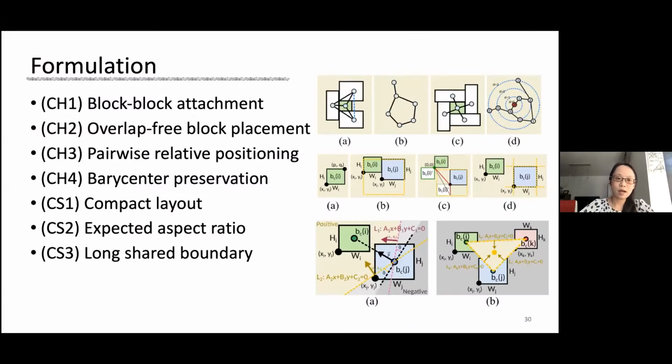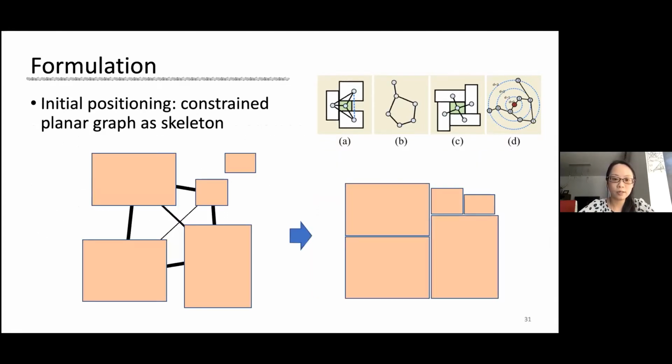This is done by incorporating many aesthetic criteria, by aligning similar functional groups with each other, trying to avoid overlap between each other, and trying to keep the pairwise relative positioning. This is done with a formulation with a set of linear constraints so that we can solve it with linear optimization.